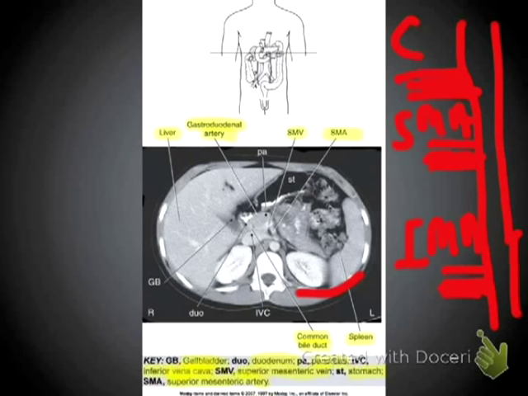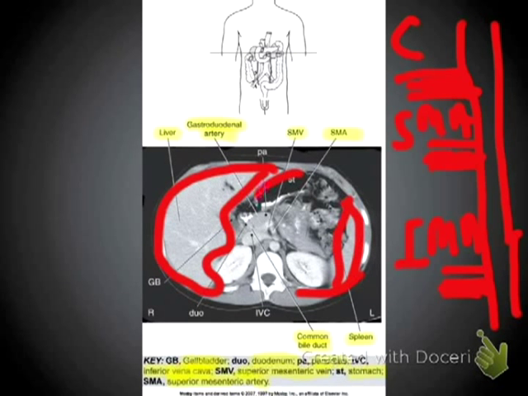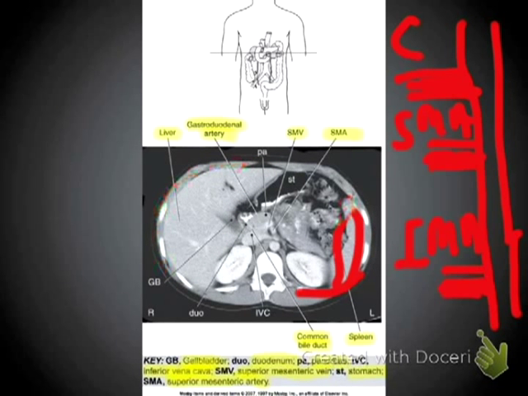So as we're looking at this image, we have the liver, spleen, we have the stomach here, which is probably the body, pyloric antrum around here, we have both left and right kidneys, we have the inferior vena cava here, aorta here, and then we have this structure coming off the aorta there.